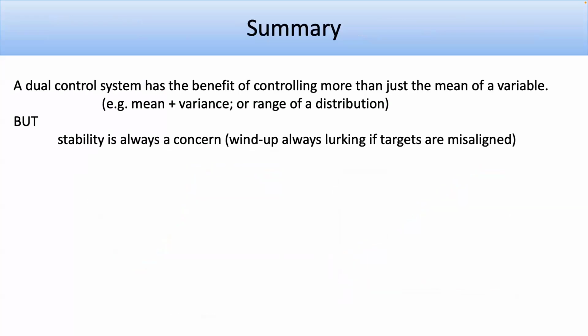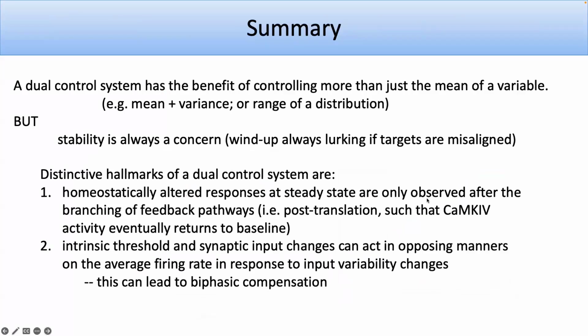There are benefits to a dual system, but I think this wind up is always lurking in the background. It can easily happen if things are not quite aligned. We get these distinctive hallmarks.